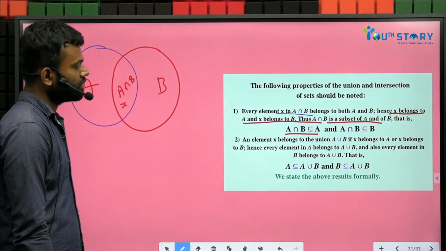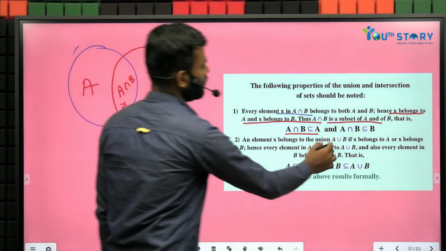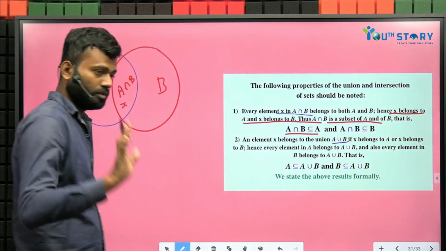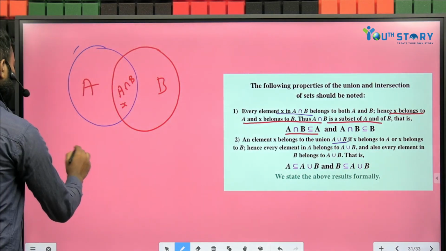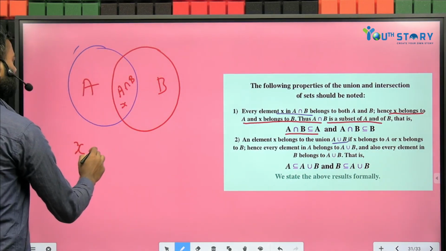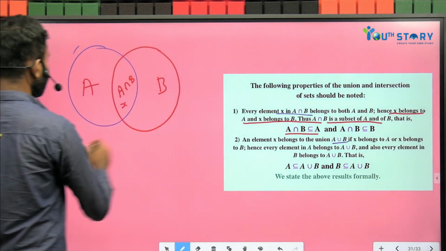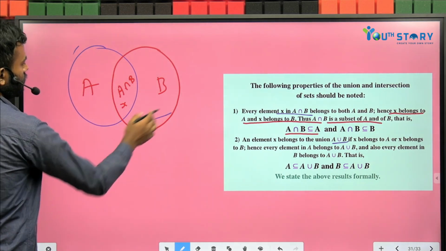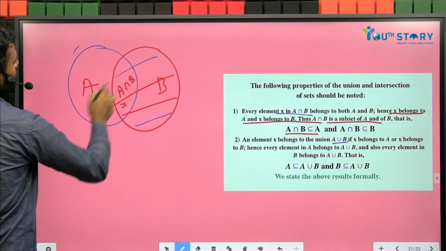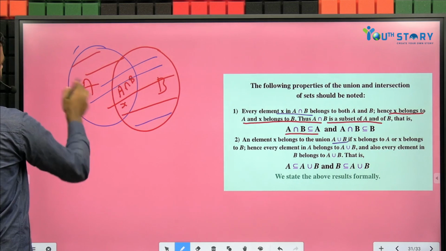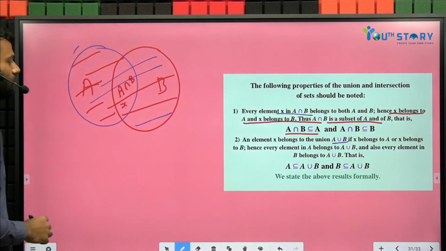Now consider an element X that belongs to the union A union B, the collection of all members.